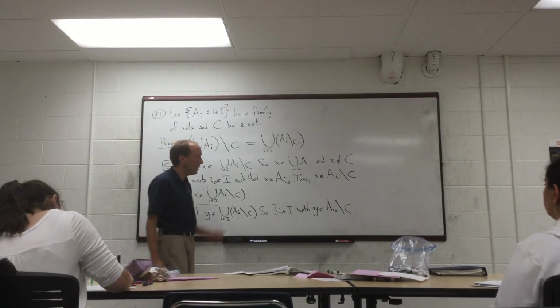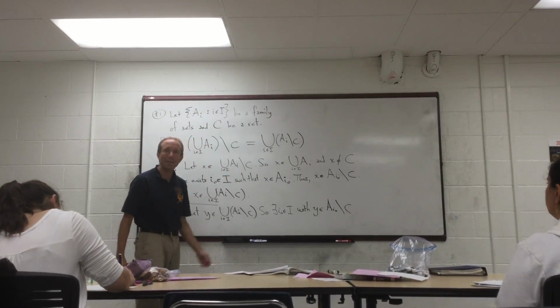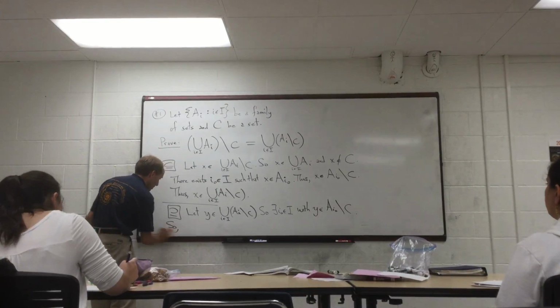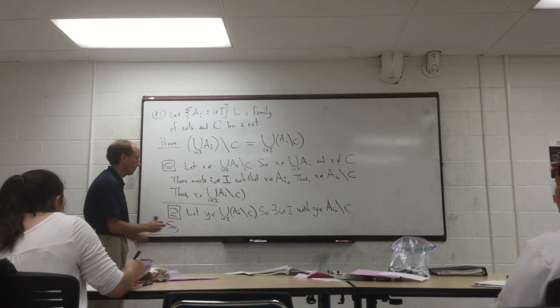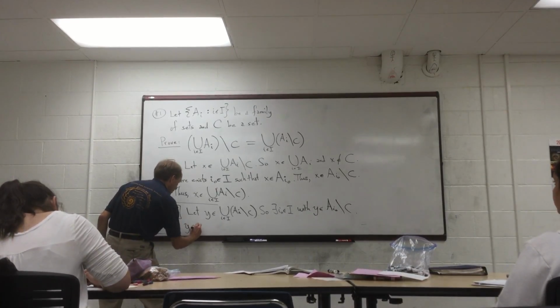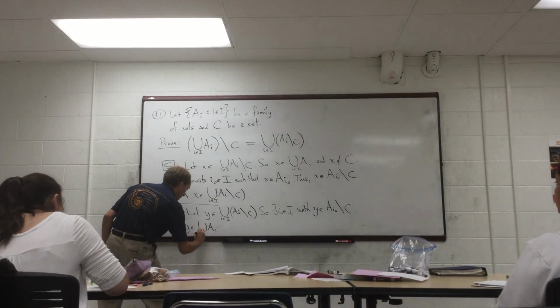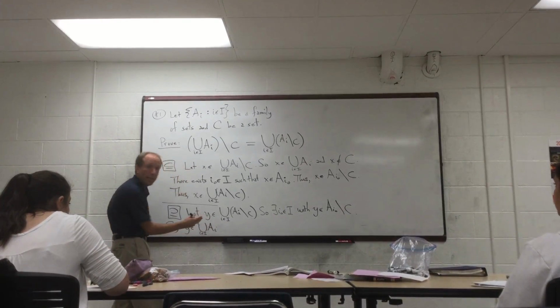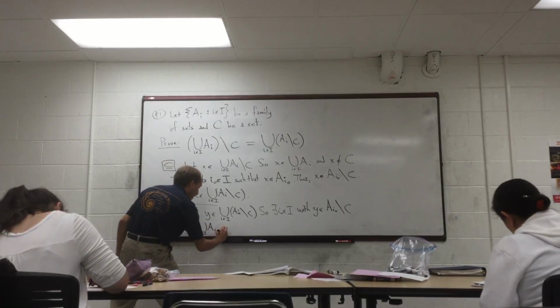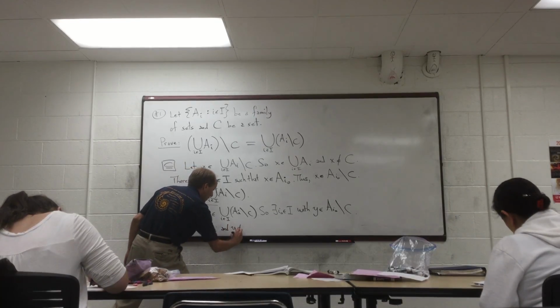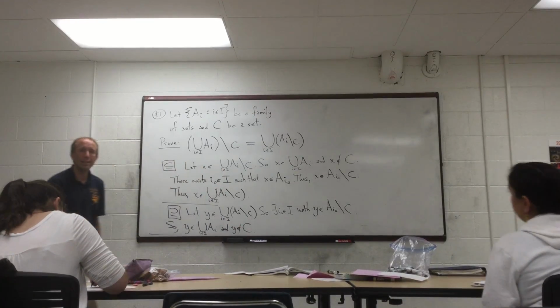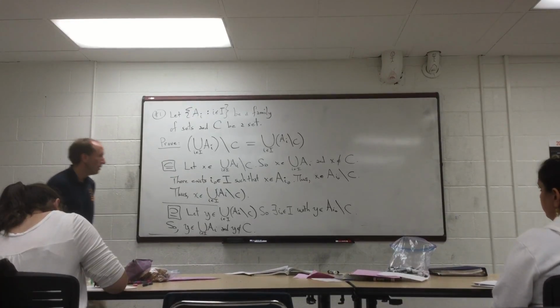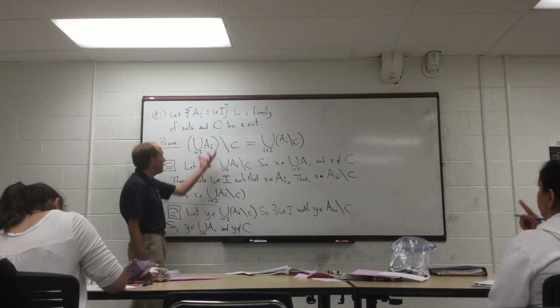What would be next? Y is in the union of the A sub I's, but Y is not in C, correct? Look okay so far? And therefore, it's in the left side.